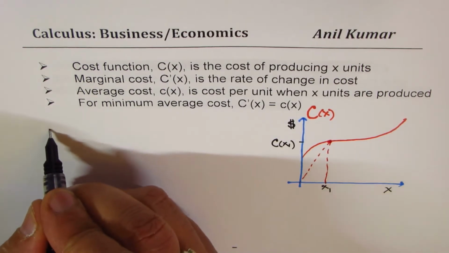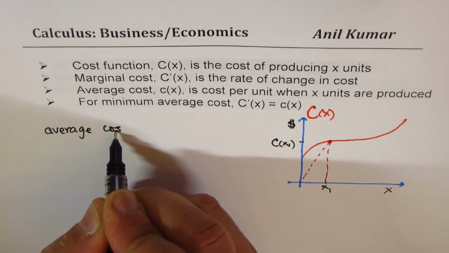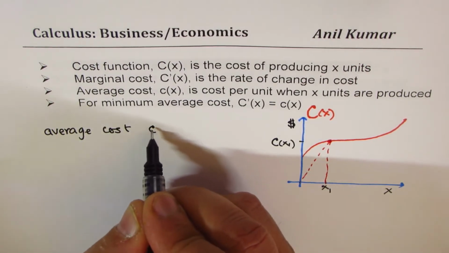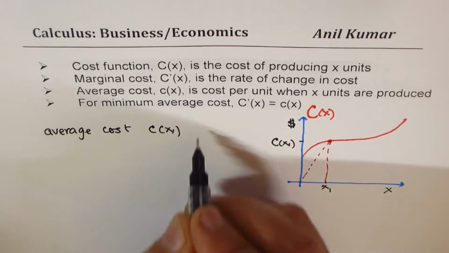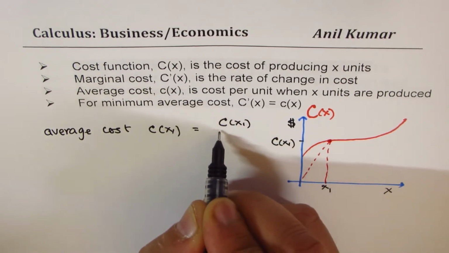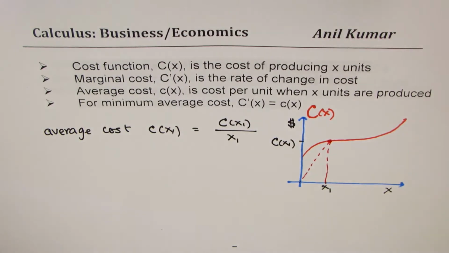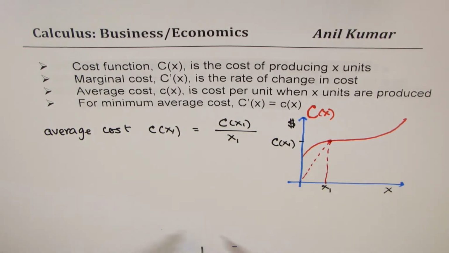In that case, average cost, lowercase c, for producing x1 items will be the cost for producing x1 items, capital C of x1, over x1, the number of items being produced at this level. So that is the average cost.